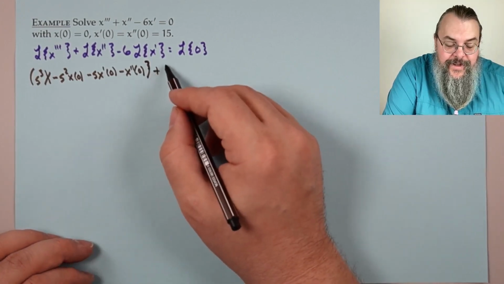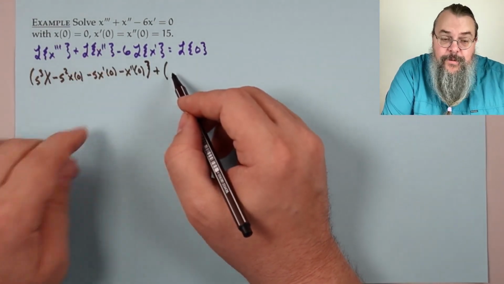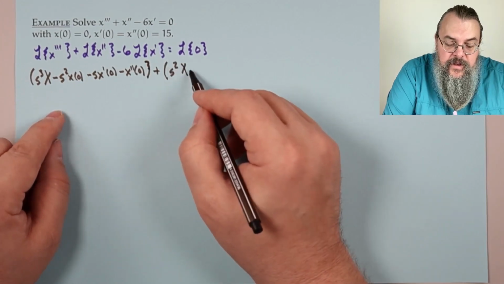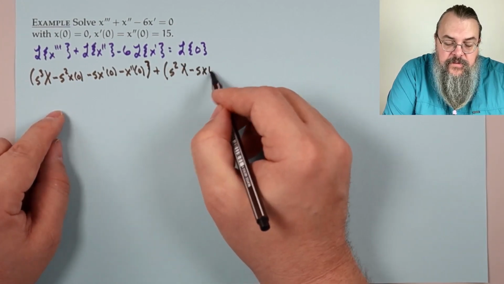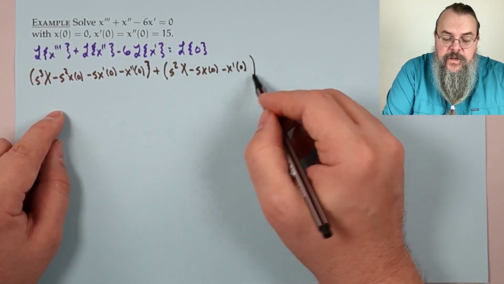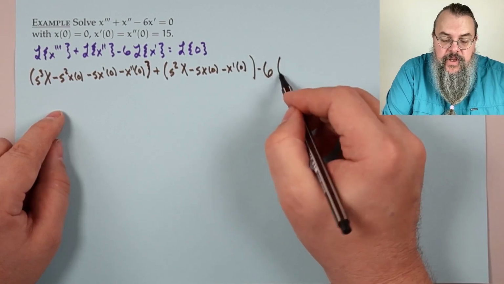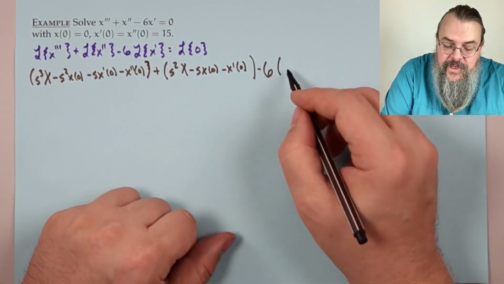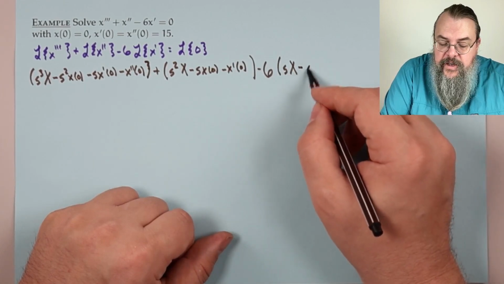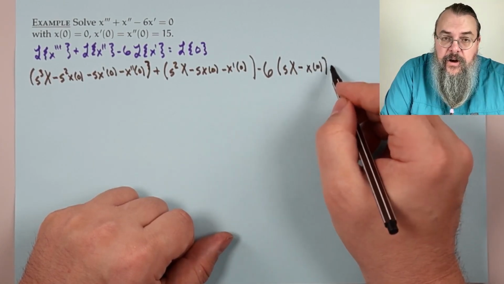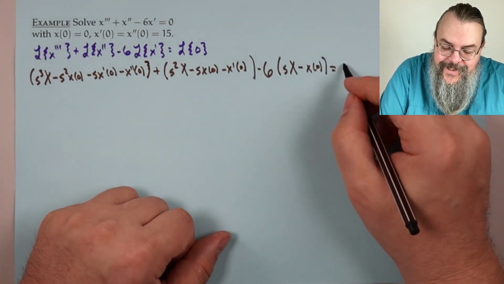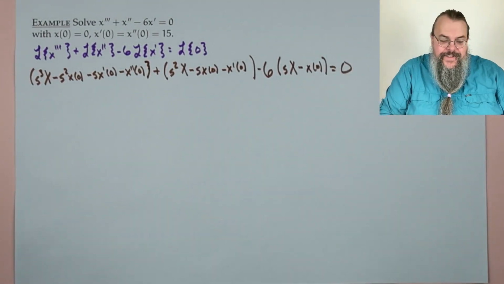Plus the next term, Laplace transform of x double prime, s squared X minus s x of 0 minus x prime of 0, minus 6 times the Laplace transform of x prime, s X minus our x of 0, and all that equals the Laplace transform of 0, which is 0. Nice.